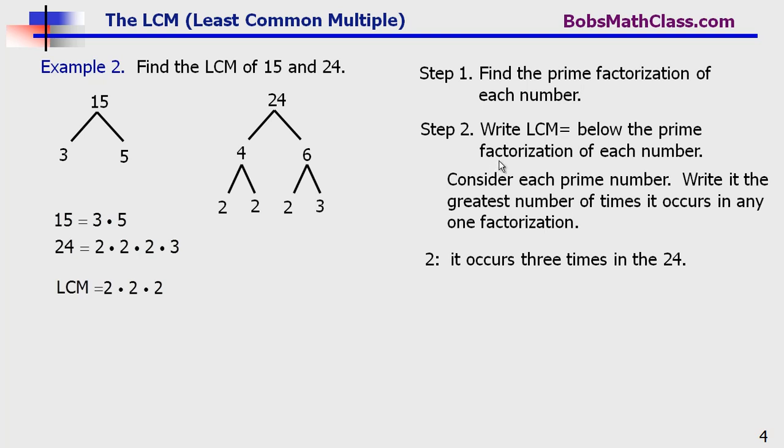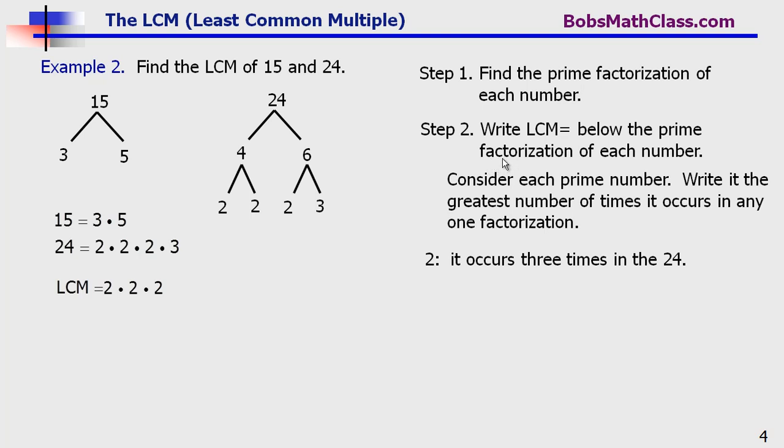Now let's look at the 3. You're going to write it down the greatest number of times it occurs in any one row. You're not adding all of the 3's up, and you're not going to write down all of them. How many times does it occur in the top row? Once.